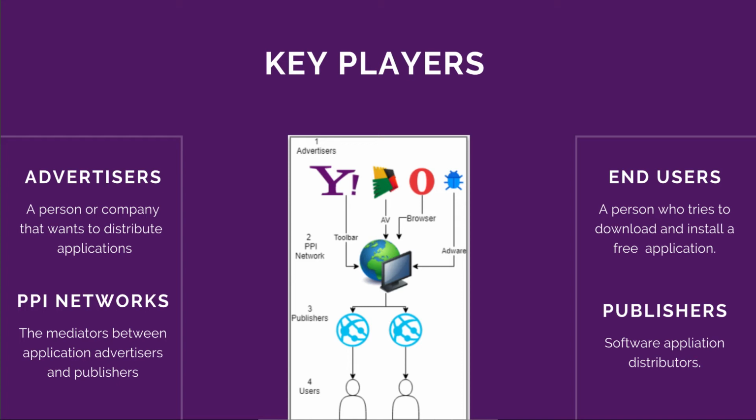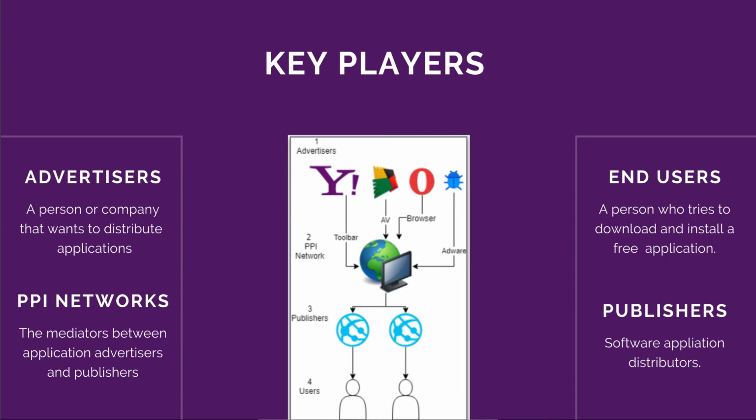They will pay for web marketing campaigns in order to attract users to the download site. The download site is also called a landing page. And finally, we have the end users, who are the people who want to download and install the free applications and end up at the publisher website using advertisement.